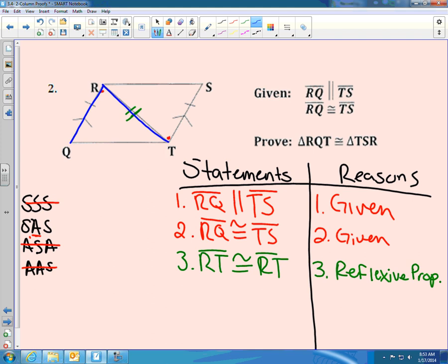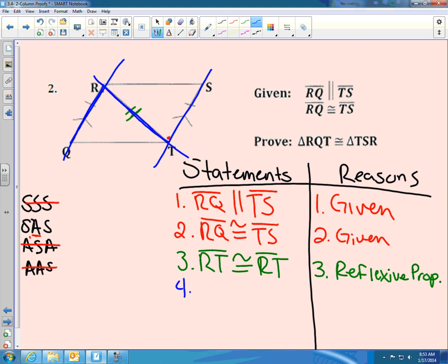Okay, so I'm going to extend out this line here and extend out my parallel lines. Now, if you notice, we have parallel lines and a transversal. And so we can use those angle relationships we've talked about in our previous unit to help us figure out how those angles are congruent.